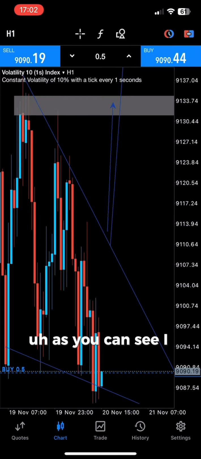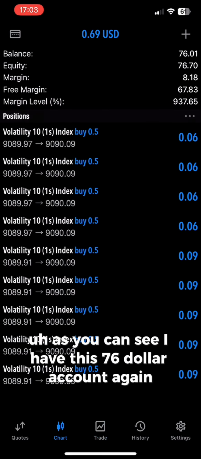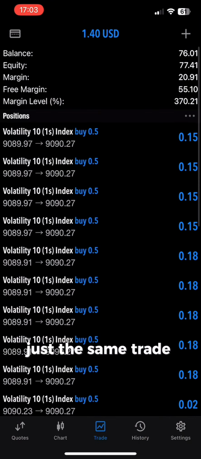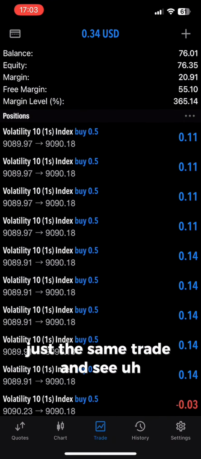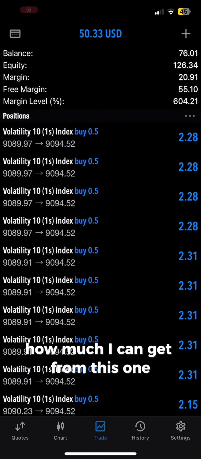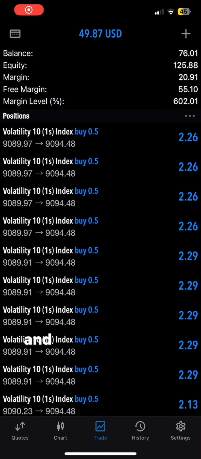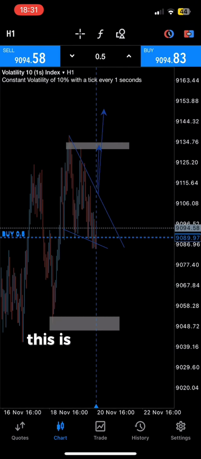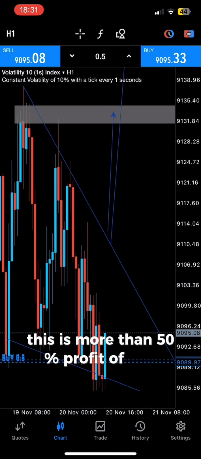And then on the same trade, I'm going to use another different account. As you can see, I have this $76 account again, so I'm going to use this one also, just the same trade, and see how much I can get from this one. And then as you can see, we are in $49 profit. This is more than 50% profit of the account.